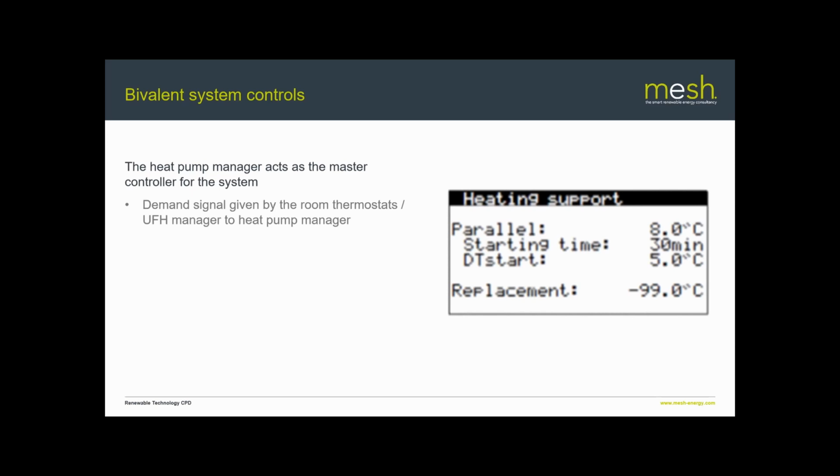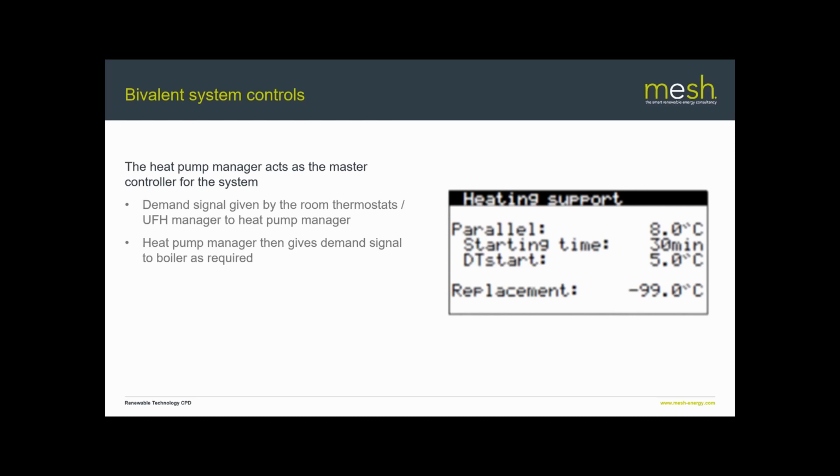The heat pump manager then decides whether it is going to use the heat pump to satisfy that heating demand, whether it's going to use the boiler to satisfy that heating demand, or whether it's going to use, in the case of a bivalent parallel system, a mixture of the boiler plus the heat pump. So in the screen on the right hand side, this is a screenshot taken from an EcoForest heat pump. You can see here that it allows bivalent parallel operation when the ambient temperature outside is below 8 degrees.